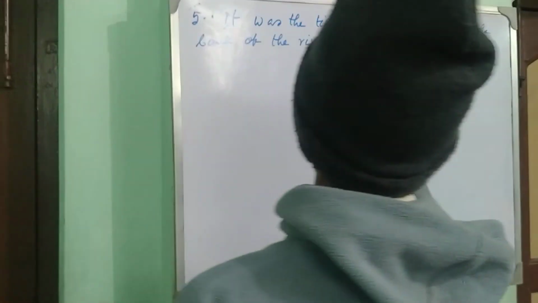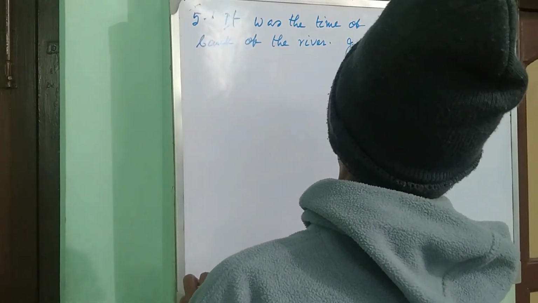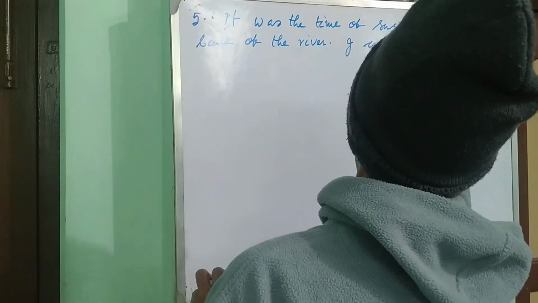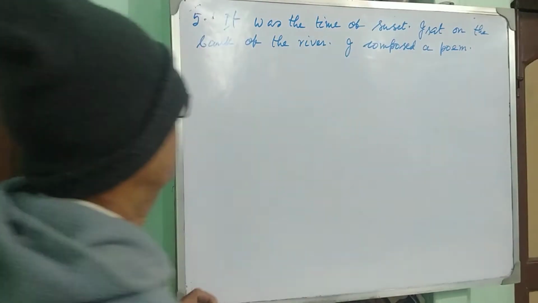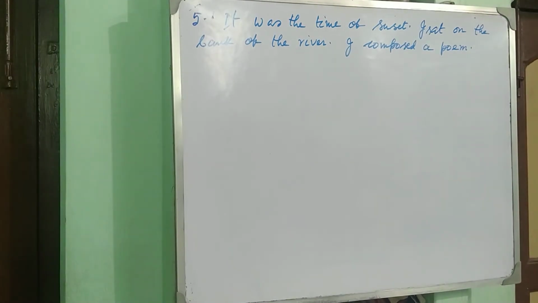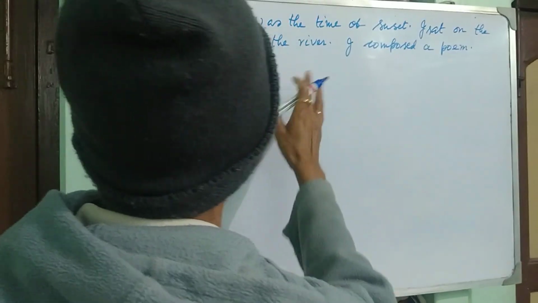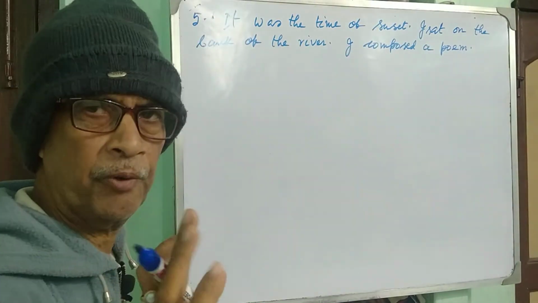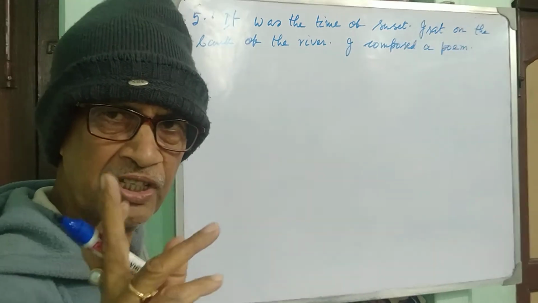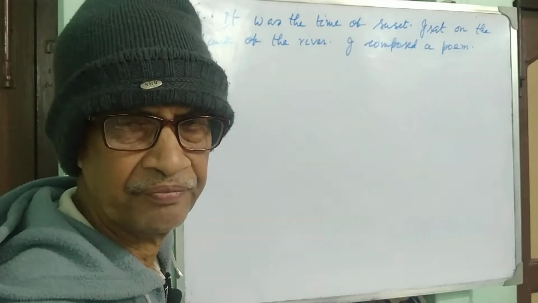I composed a poem. There are 3 sentences. It was the time of sunset. I sat on the bank of the river. I composed a poem. There are 3 sentences and the subject is the same person, that is I.